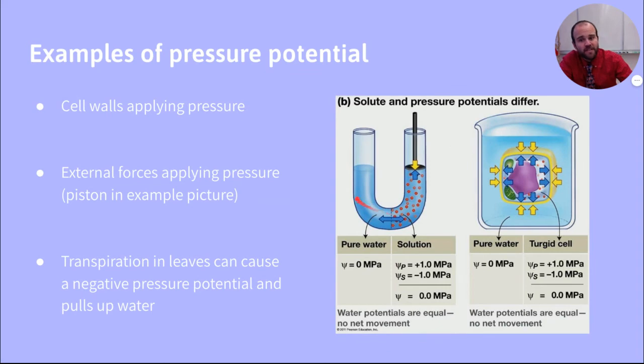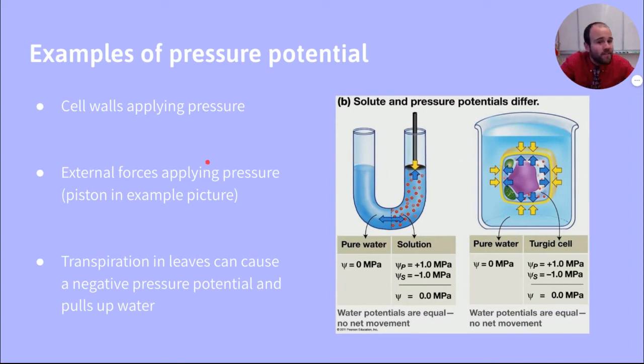That could be pressure potential that changes your equation. Another situation is if we have a cell wall, like a plant cell. That plant cell wall, I said, is applying pressure on the inside. And so even if you have more solute on the inside, it's a hypotonic environment, water could still get pushed out because of the pressure potential of that cell wall. So anytime you have external forces applying pressure, that's going to be that cell wall.